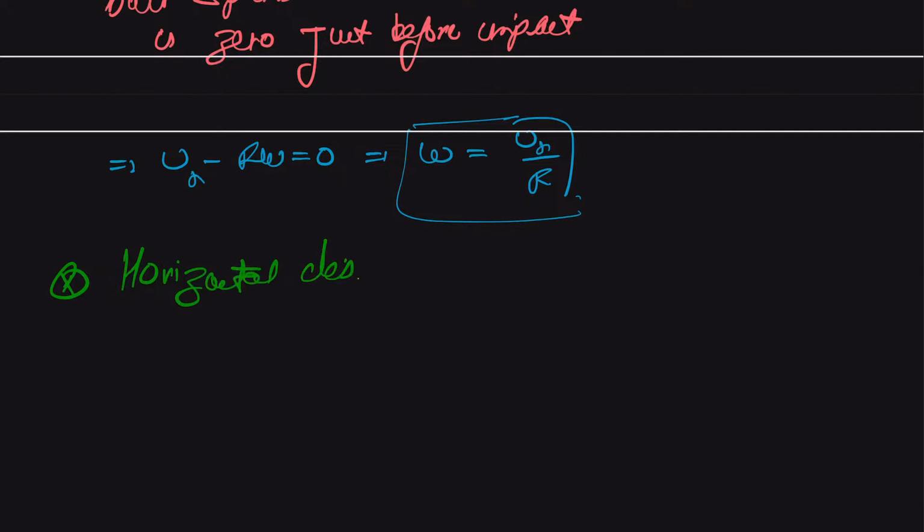Horizontal distance between bounce points.